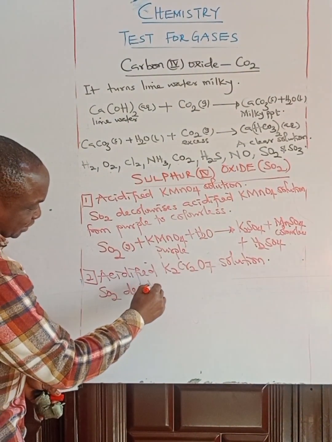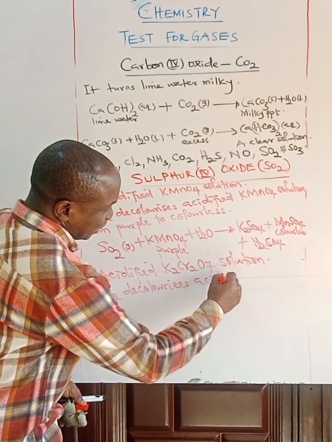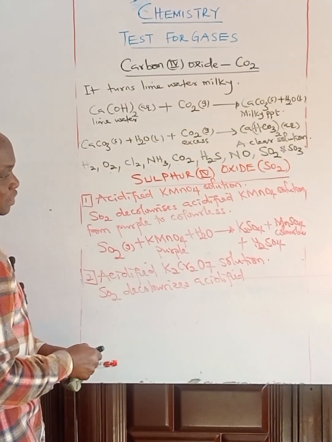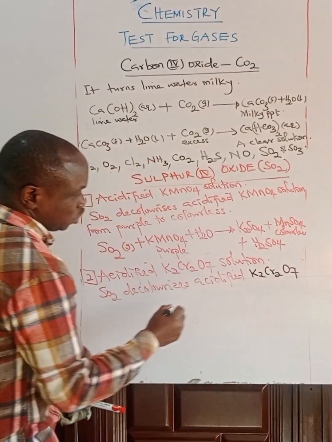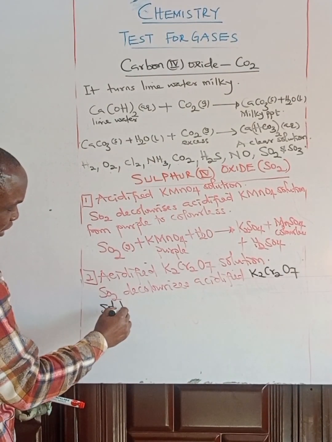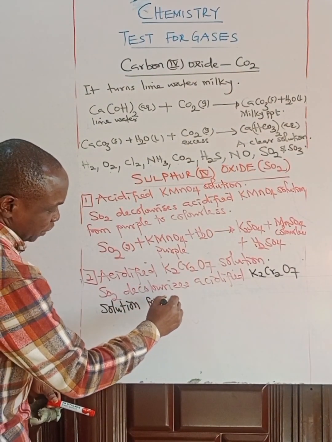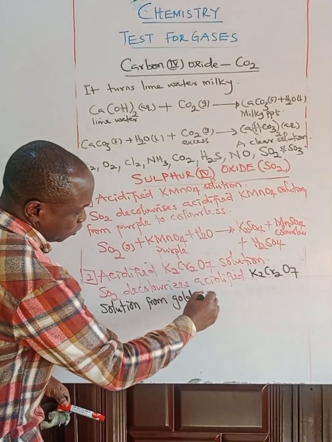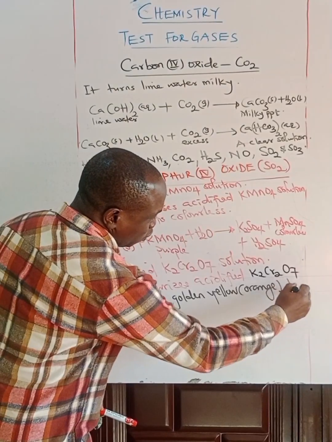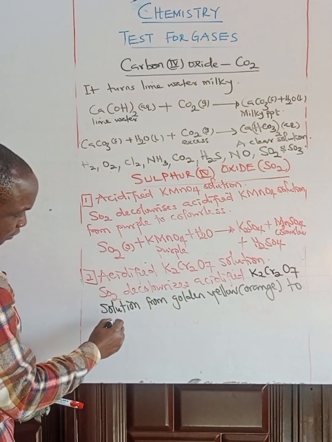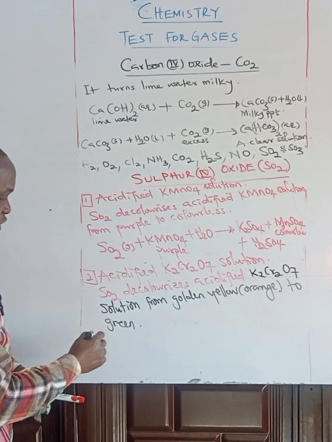Even SO3 decolorizes acidified K2Cr2O7 solution, from orange or golden yellow to green, without a yellow precipitate of sulfur.